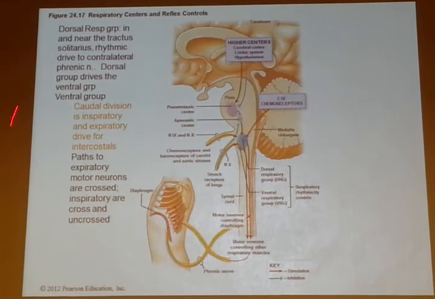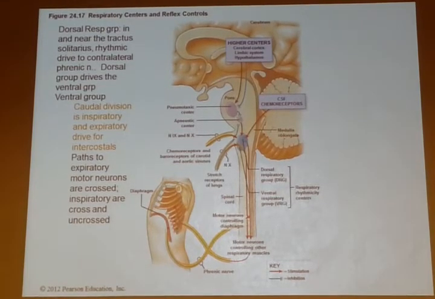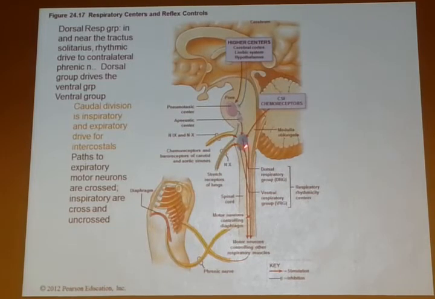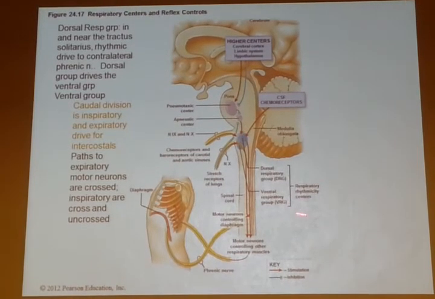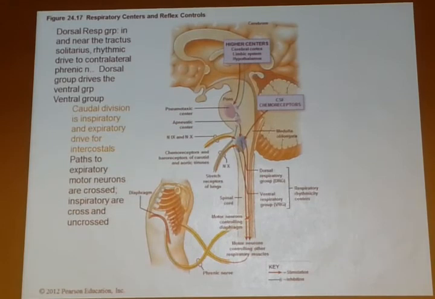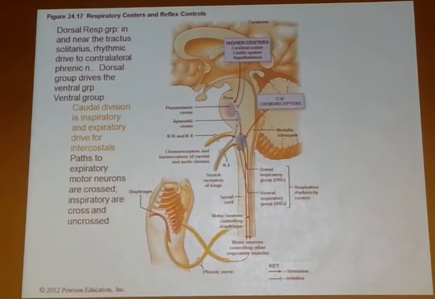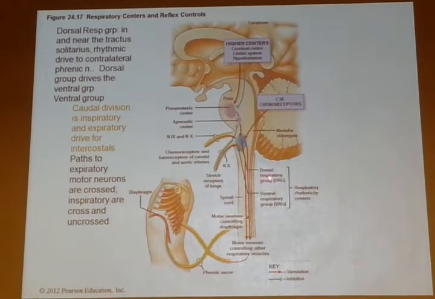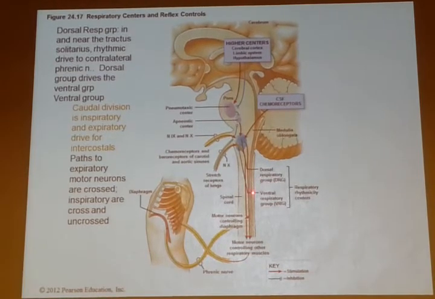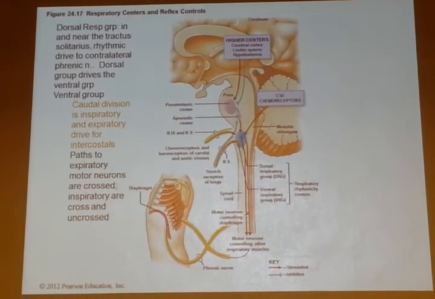Okay, the debate goes on over here. This respiratory rhythmicity center is divided probably into more than just two centers. But we've got a dorsal and a ventral respiratory group, a DRG. Don't confuse that with the dorsal root ganglion. This is brainstem. This is a dorsal respiratory group, and then a ventral respiratory group, a VRG.